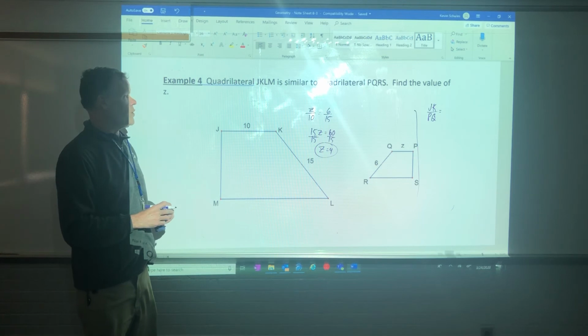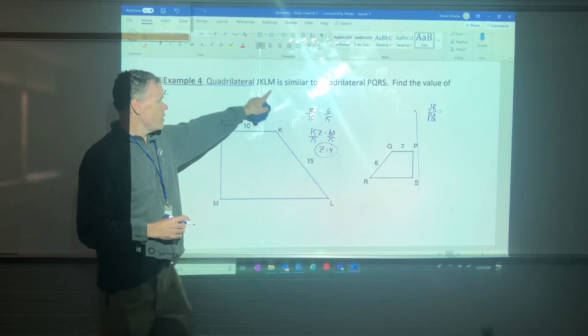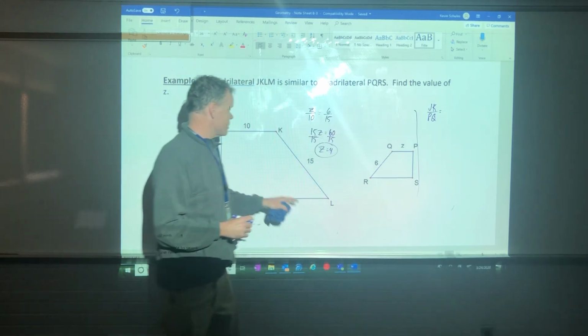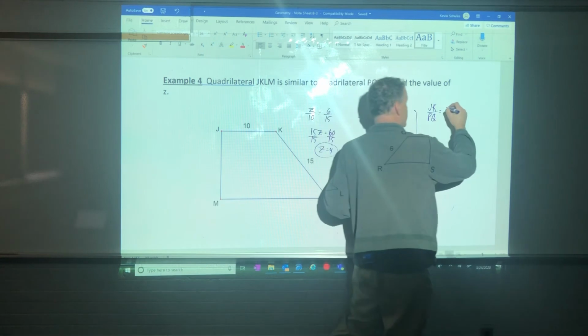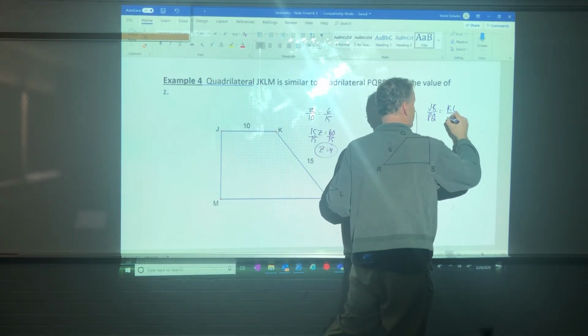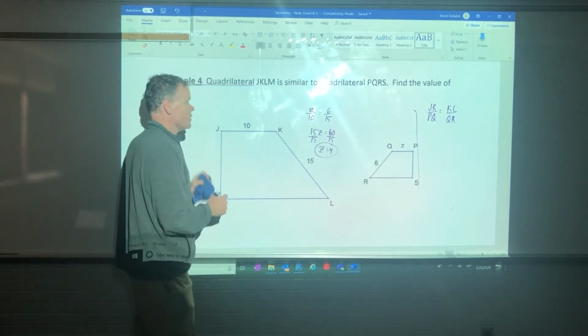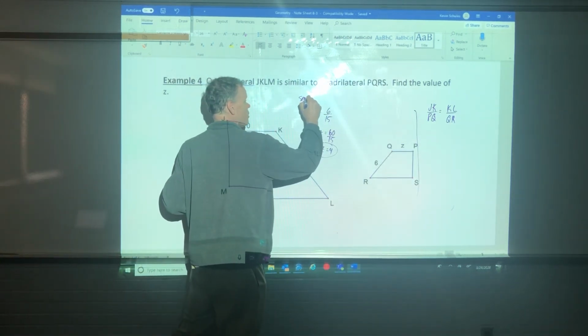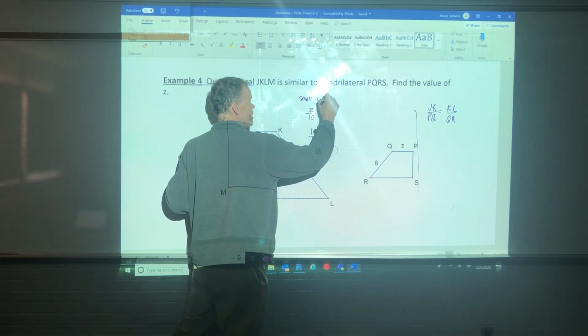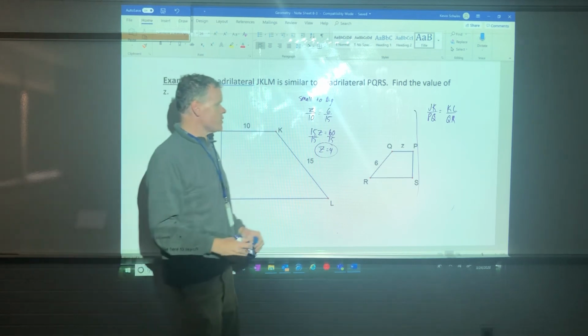JK over PQ is going to equal, and we have to go with the values that we have here, KL over QR. Okay? Equals KL over QR. So here we went small figure to big. Here we're going to go big to small.